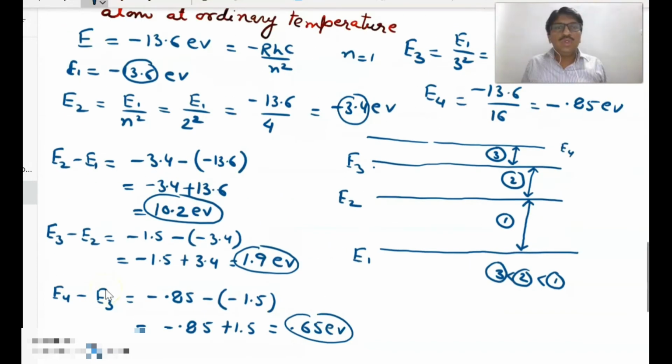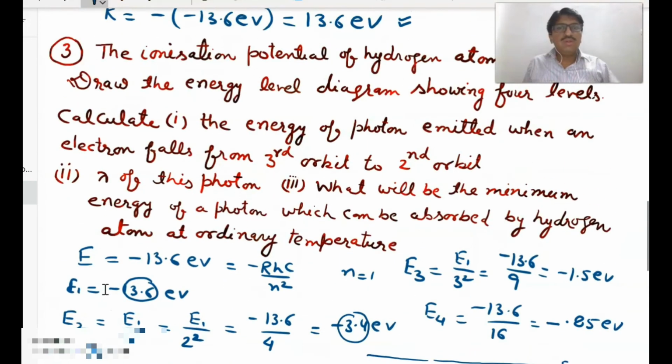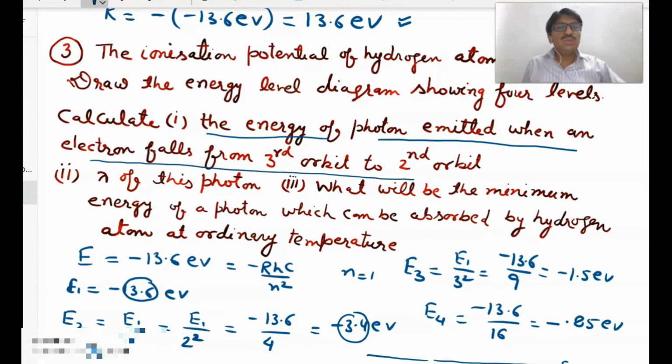And so in the first determination, we have to determine the energy of the photon emitted when an electron falls from third to second.